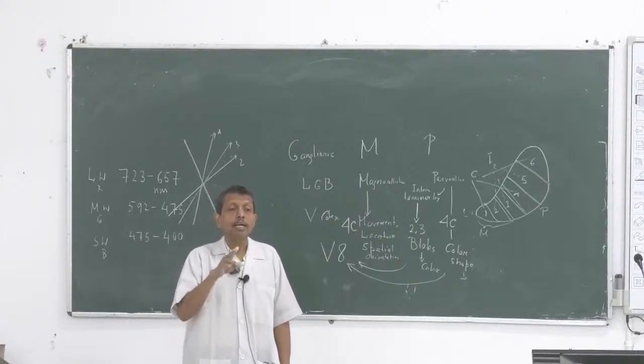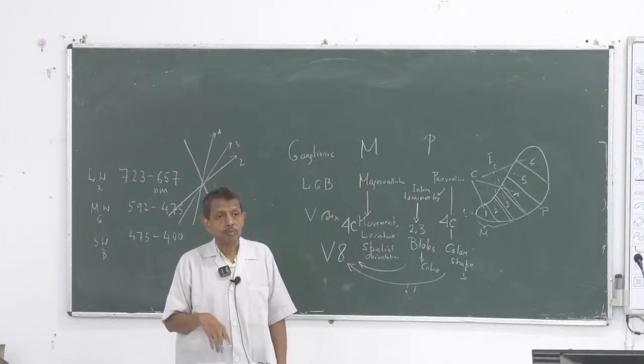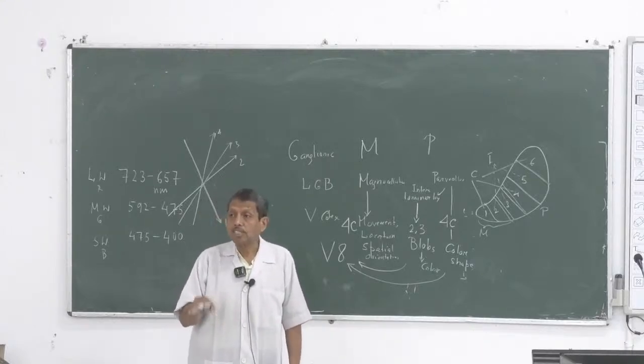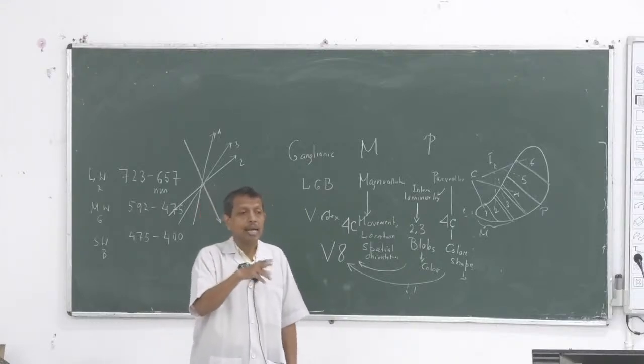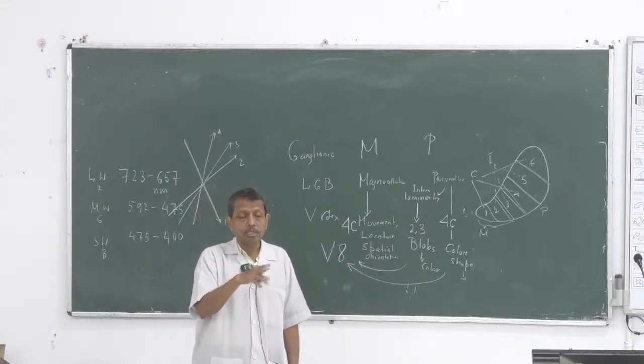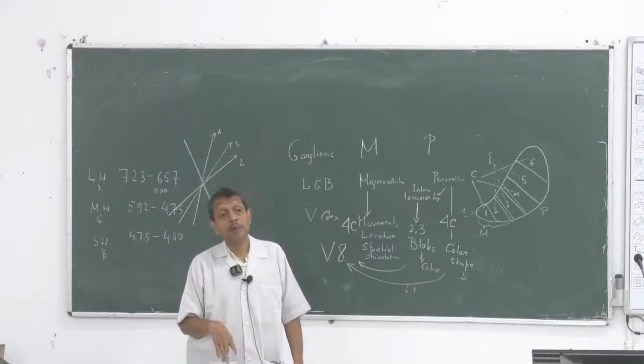The dorsal pathway is for movement and location, and the ventral part is for the shape, color, the face of the individual, the shape. It is the ventral pathway.